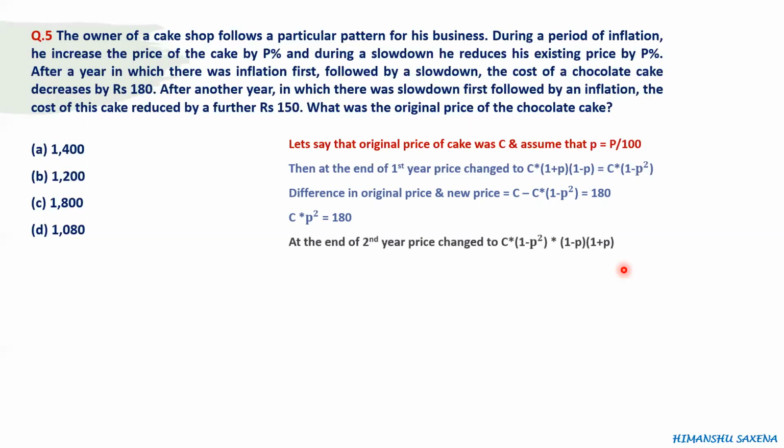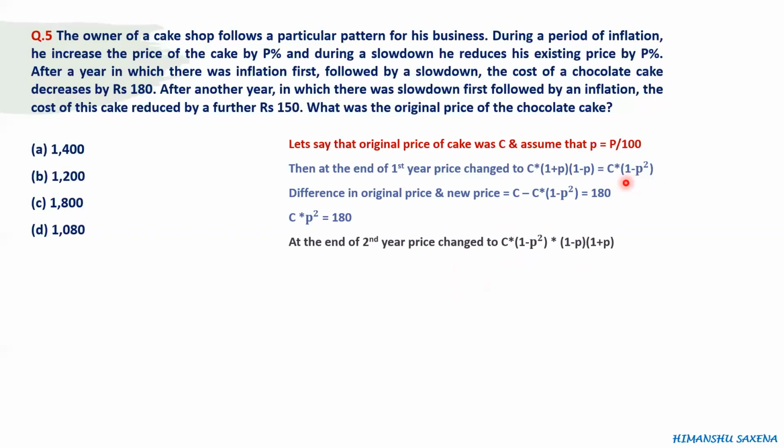Now what happens in the second year? At the end of the second year, the price further changes because a slowdown happened, then an inflation happened. So this is the price at the end of the second year. C into 1 minus p square is the price at the end of the first year, or the price at the start of the second year. It's one and the same thing.